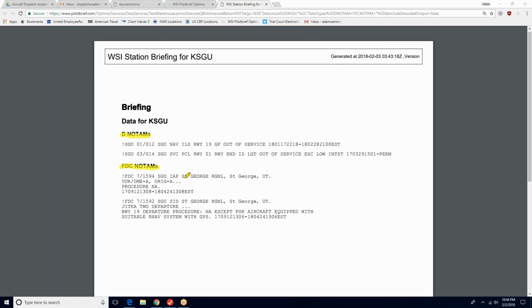So for D NOTAMs, you should write this down. First of all, one thing you definitely want to write down is what NOTAM means. So Notice to Airmen. That's what NOTAM stands for.